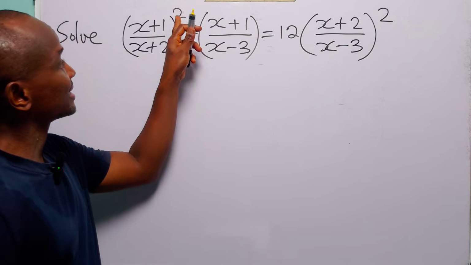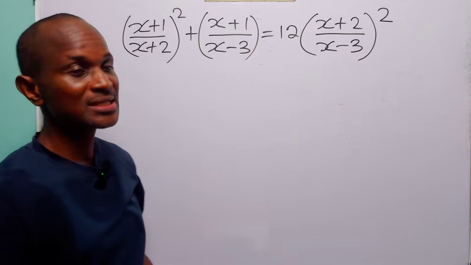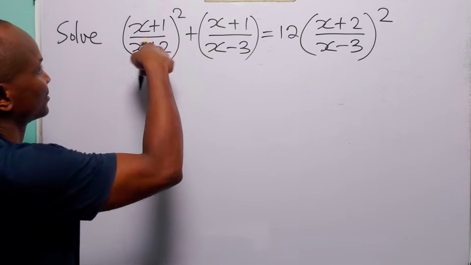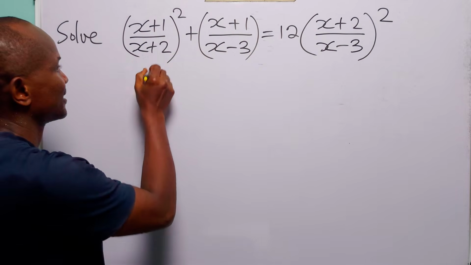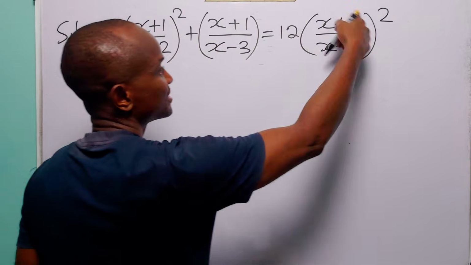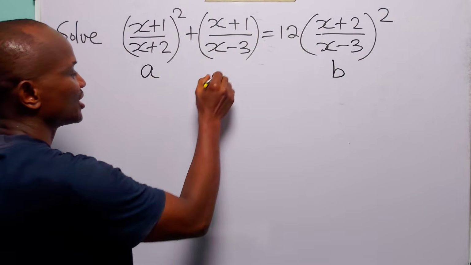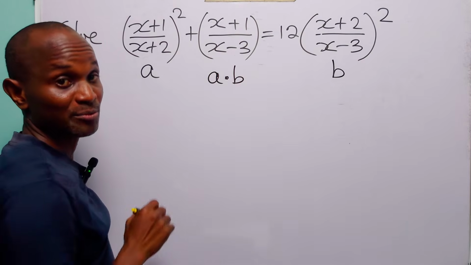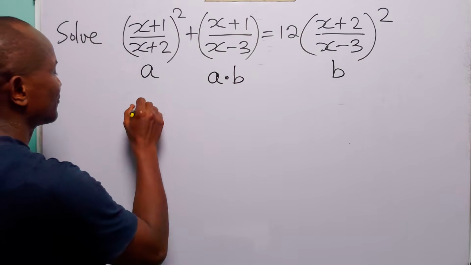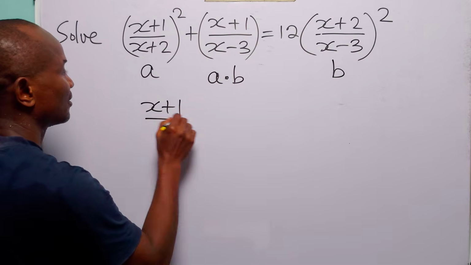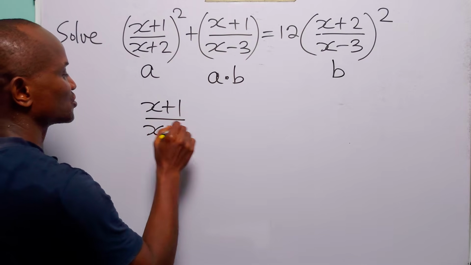Now, before you start expanding, notice that if we call this fraction inside the bracket a and call this fraction inside the bracket b, then this is going to be a times b, because here we have x plus 1 over x plus 2.